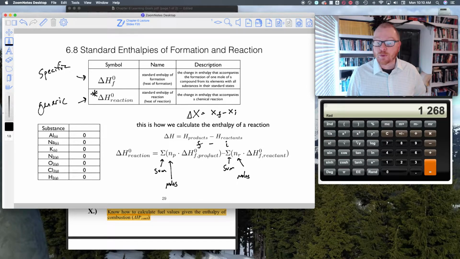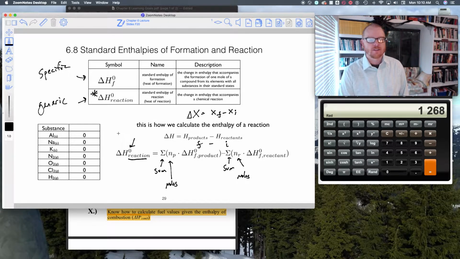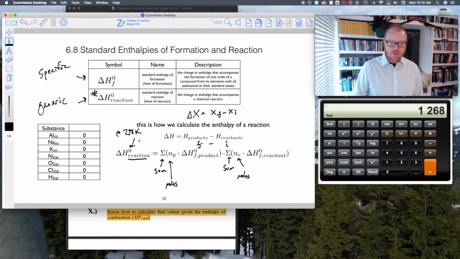And this is multiplied by the specific delta H of formation of an individual product. So yes, that's right. For delta H of reaction, we have to know the specific delta H of formation and note the standard, right? Meaning at 298. So standard at 298K, okay? So we have to be able to look these values up, okay?